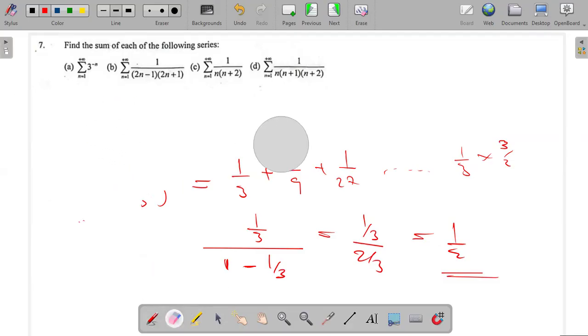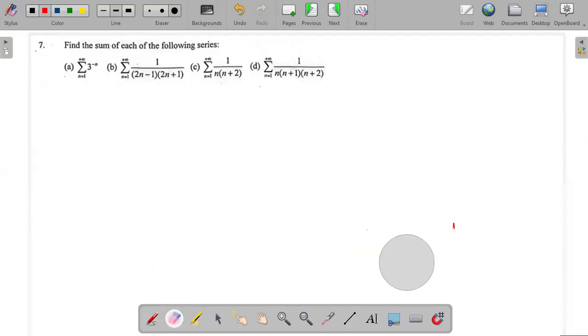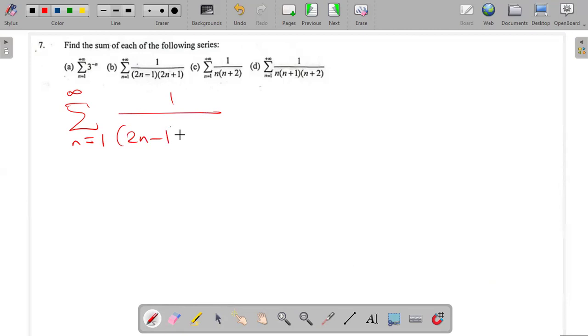All right, so that was the easiest one, and the rest are more involving. But still, we do it. So that's the summation from n equals 1 of 1 over (2n minus 1)(2n plus 1). So what do I do here? I'm going to resolve it into partial fractions.